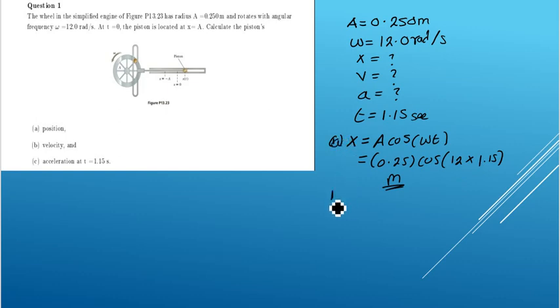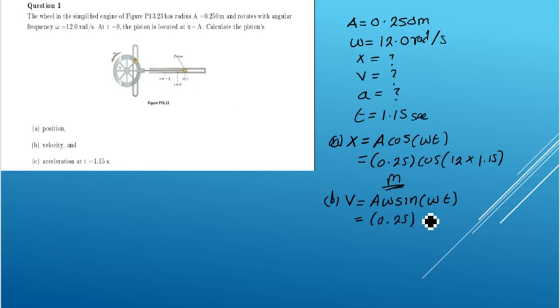Let's get to B. They are saying we calculate the velocity. The velocity under simple harmonic motion is given by this formula: A omega sine omega t. For this one, the amplitude is the same, 0.25.